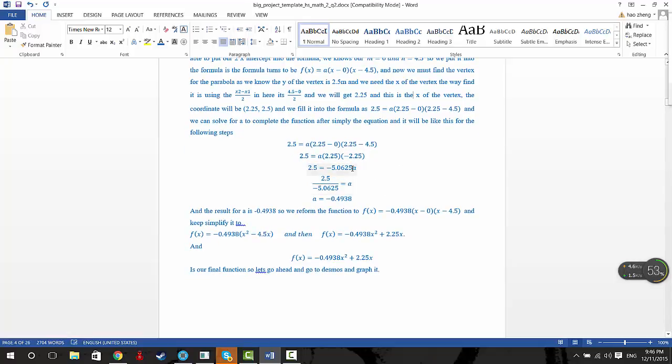What we need to do is divide both sides by negative 5.0625, and so this side goes off and it comes to this side, and we have this.